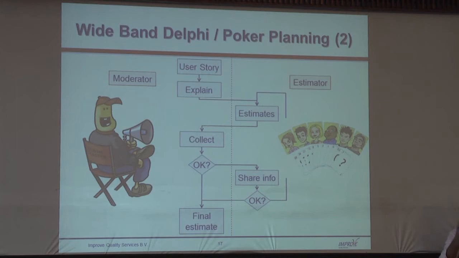Very briefly, in a procedure, the moderator, could be the Scrum Master, will explain a user story. Then those involved in the planning poker, so in estimating, will play their card. Is it big, is it small, whatever. We look at them. If we are already in line, perfect.